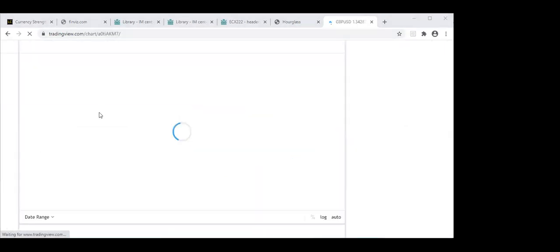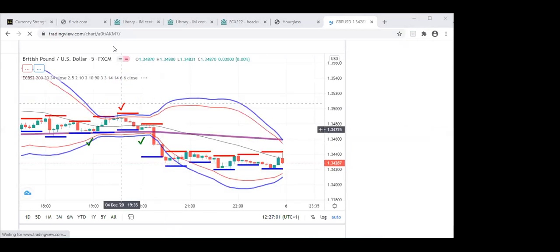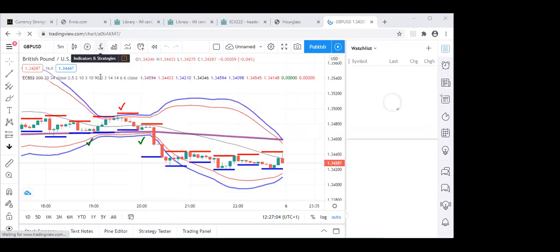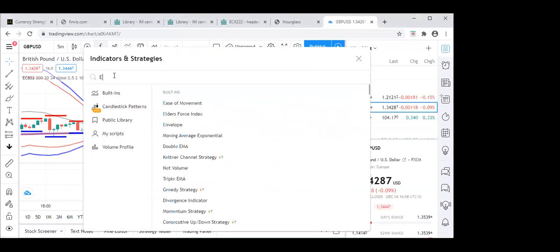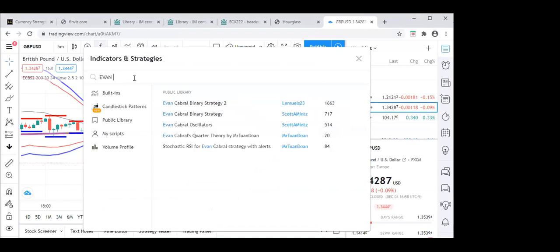It's called Avogadro binary strategy. You go here, click on it, and you type Evan. That's one of our educators on the IML platform, phenomenal trader. You just click this Avogadro binary strategy tool.